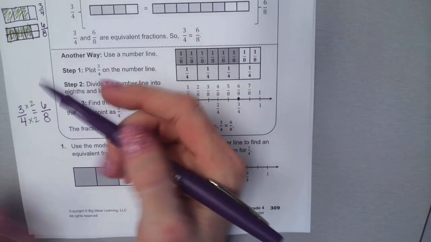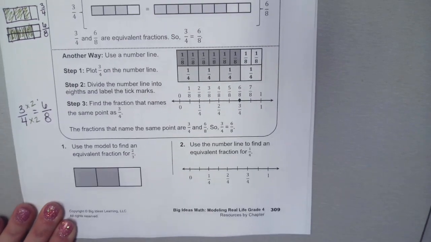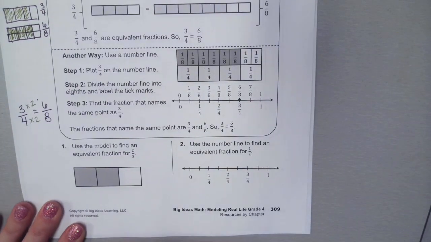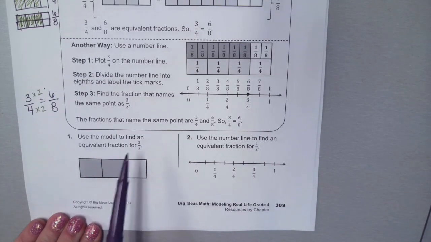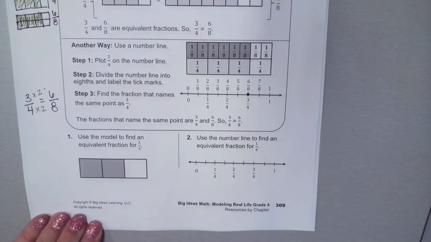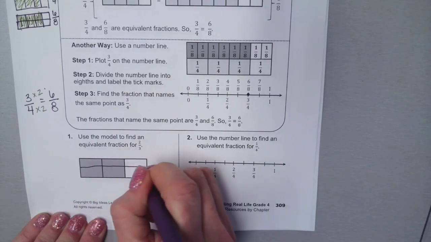So as long as you multiply the numerator and the denominator by the same number, it's equivalent. All right, so let's use this model to find an equivalent fraction for 2/3. A lot of times I'll just cut it in half like this.